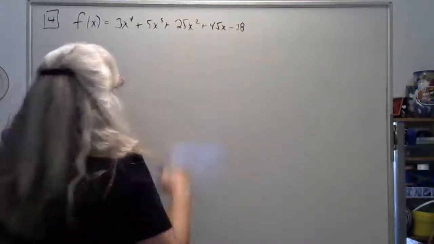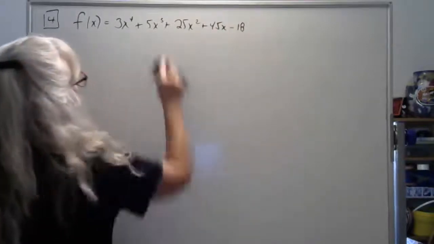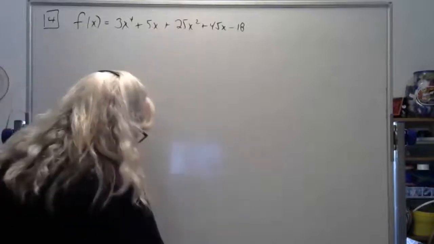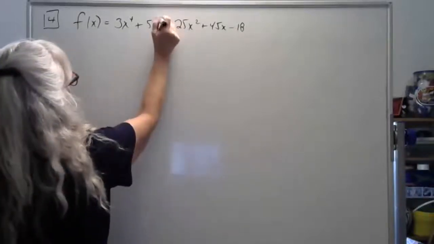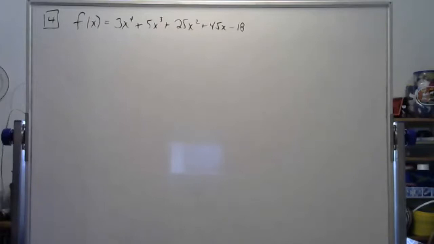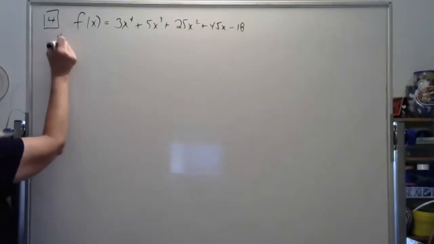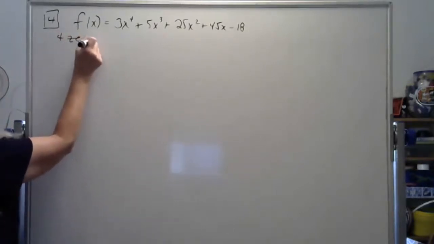Making sure I wrote it correctly. Yep. Again, when you copy them down, make sure you copy them correctly. So, okay, so how many zeros do we have this time? 4. So we know we're looking for 4 zeros.